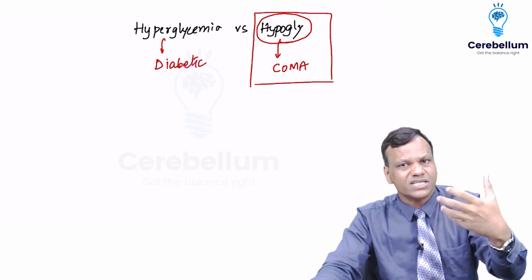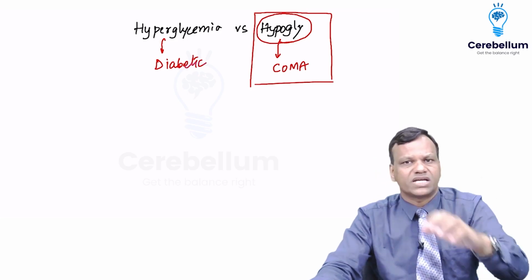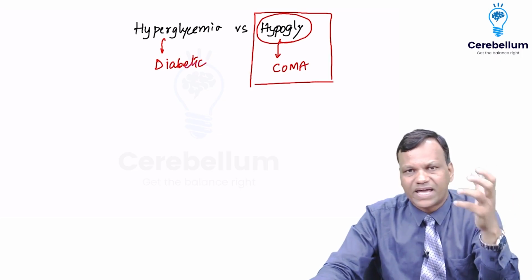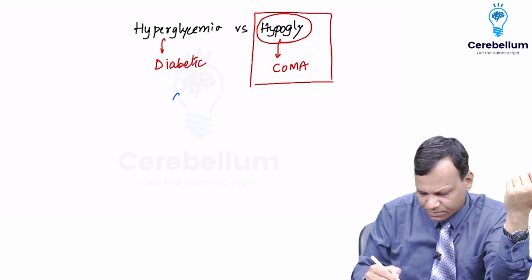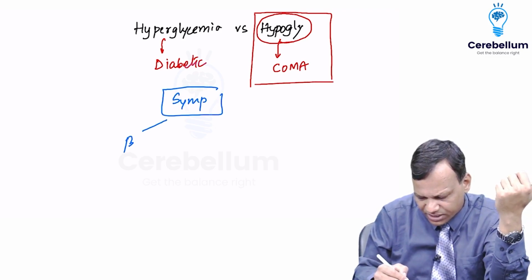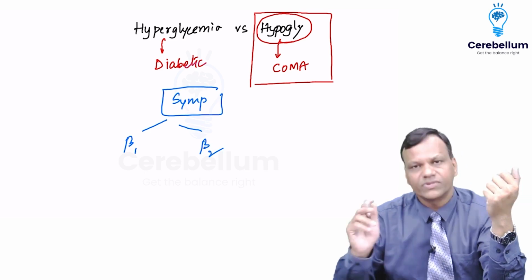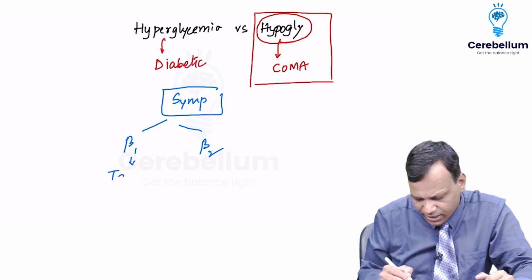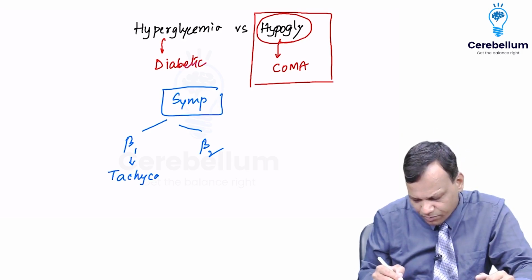It handles emergencies. Now, how will the sympathetic system protect from hypoglycemia? It protects by activating the receptors. So when the sympathetic system is activated, it will stimulate beta 1, beta 2 receptors. Okay. So when beta 1 is stimulated, that will result in stimulation of the heart, that is tachycardia. Beta 1 is in the heart.